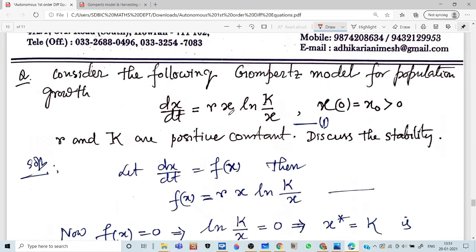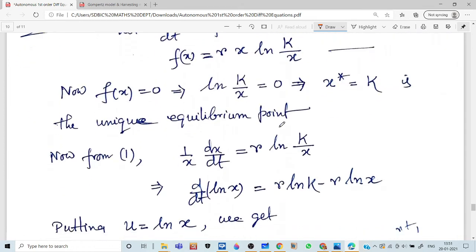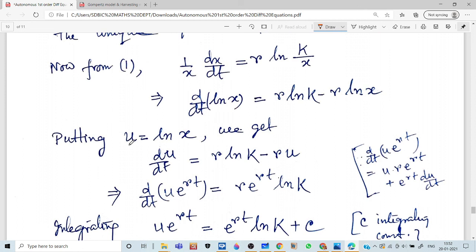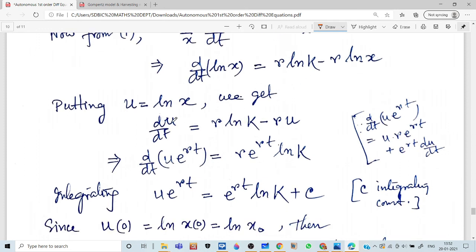If we divide by x, (1/x) dx/dt is equal to r ln(k/x), so d/dt of ln x equals r times (ln k minus ln x). Transform the variable by putting u equal to ln x, so you get du/dt equal to this, and adjusting the terms, we get d/dt of (u e to the power rt) is equal to r e to the power rt into ln k.